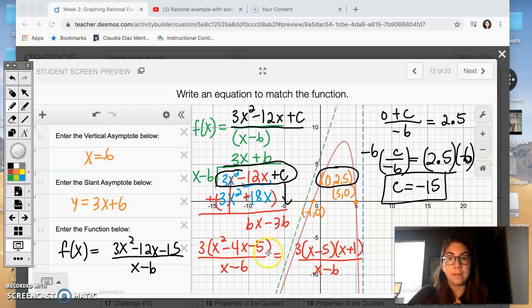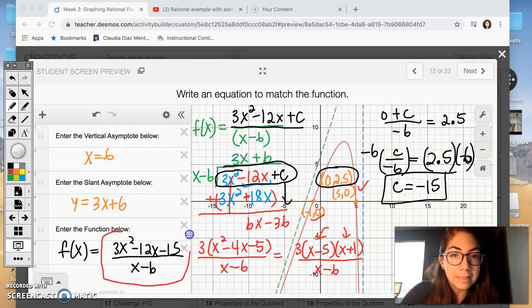Because negative 5 plus 1 is negative 4. Yep. And once you have that, you can see, remember, x-intercepts are found in the numerator. So this x-intercept is at 5, 0. There it is. And this x-intercept is at negative 1, 0. There it is. And so there you have it.